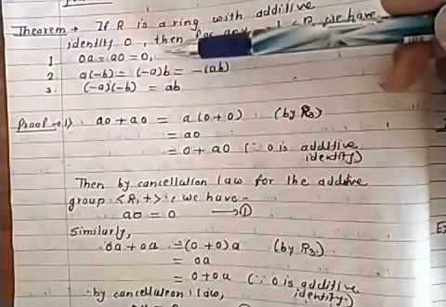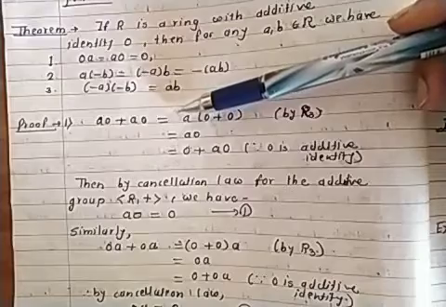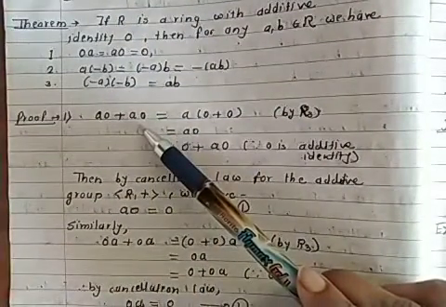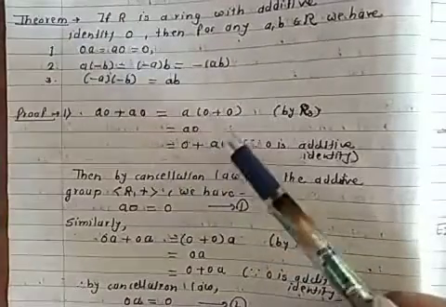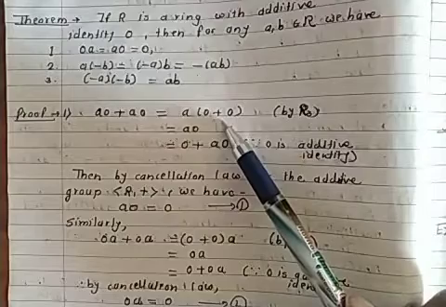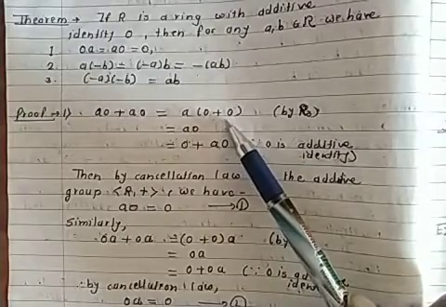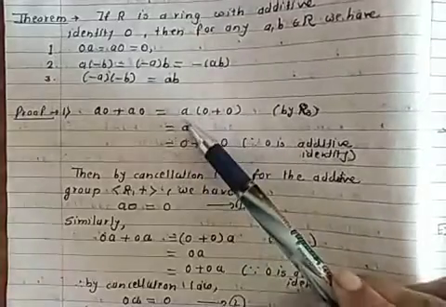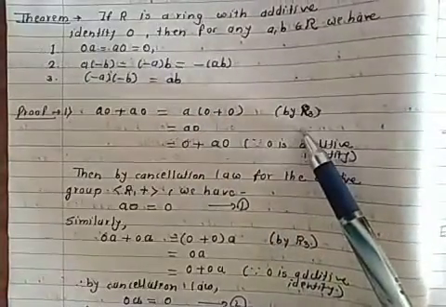So first of all let us prove it. For that let us take the left hand side as a0 plus a0. Here we can take a common, by property three, the distribution law of multiplication over addition. So we take a common, 0 plus 0, by property R3.